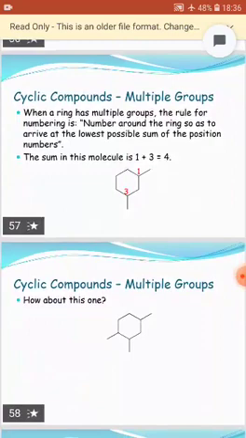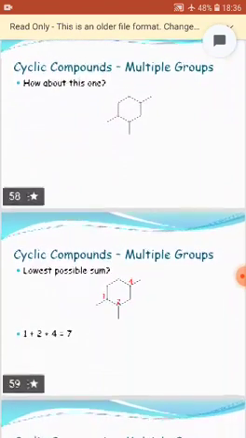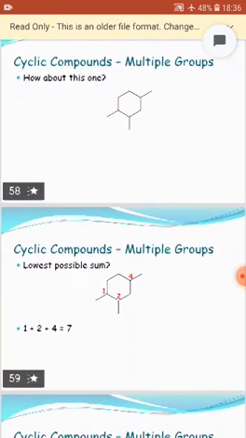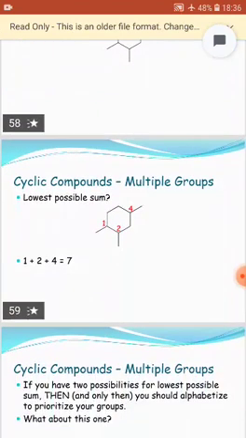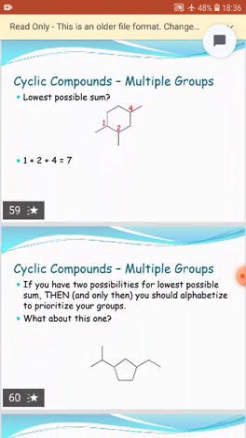How about this one? Lowest possible sum: 1, 2, 4. 1 plus 2 plus 4 equals 7. If you have two possibilities for lowest possible sum, then and only then should you alphabetize to prioritize your groups.